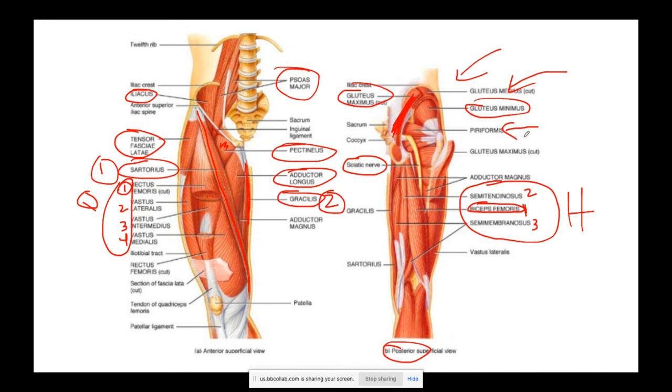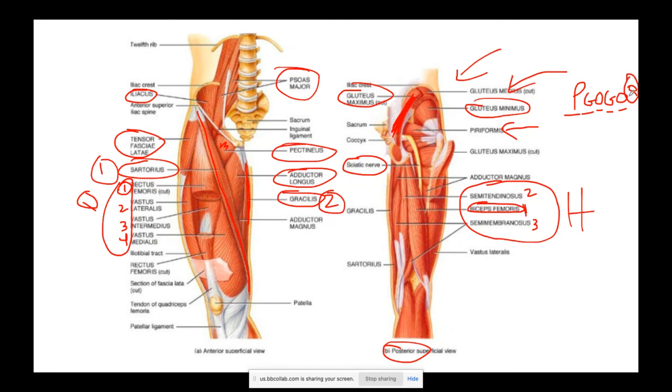And there are 6 deep lateral rotators. Piriformis is one of them. They're called "please go quietly." Those are the 6 deep lateral rotators: piriformis, gemellus superior, obturator externus, gemellus inferior, obturator internus, and the Q is for quadratus femoris.